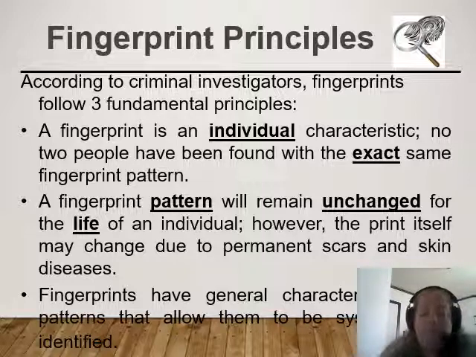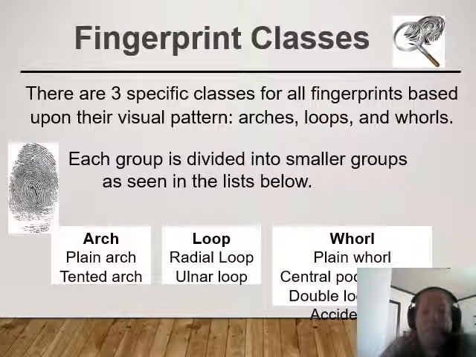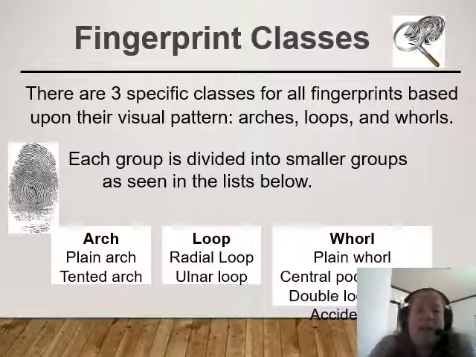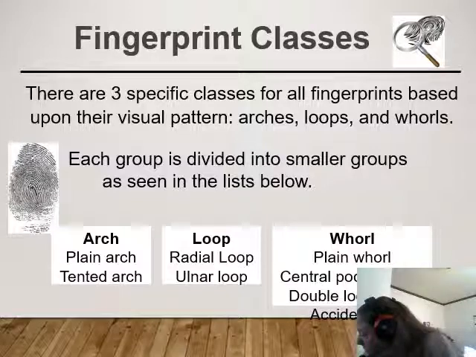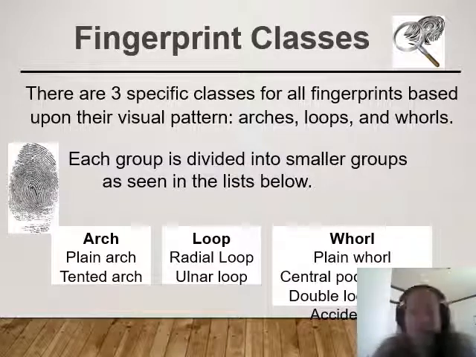And fingerprints have general characteristic ridge patterns that allow them to be systematically identified. So let's look at the three specific classes. You have what are called arches, you have loops, and you have what is called a whorl.